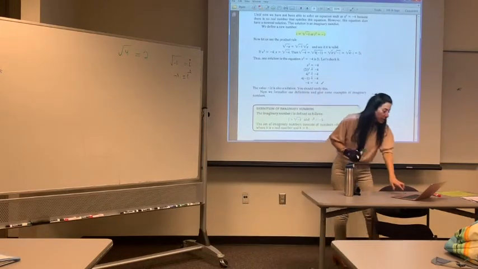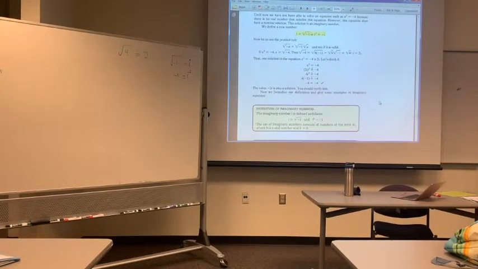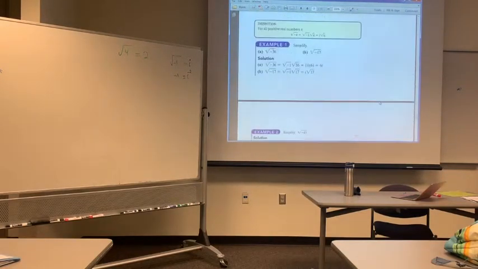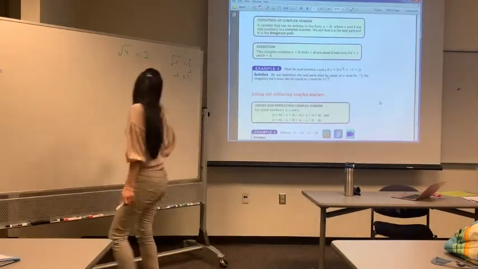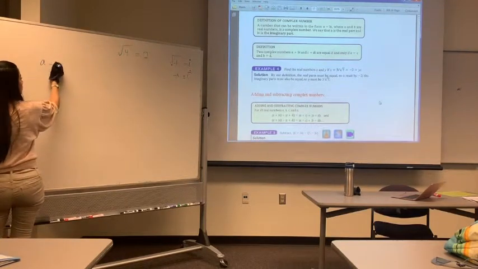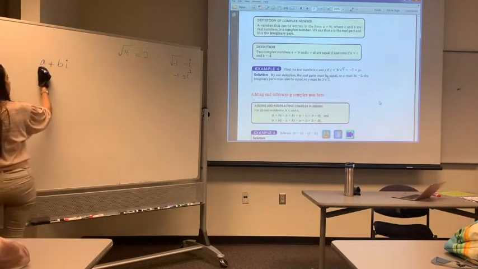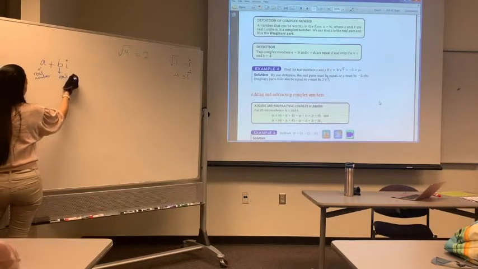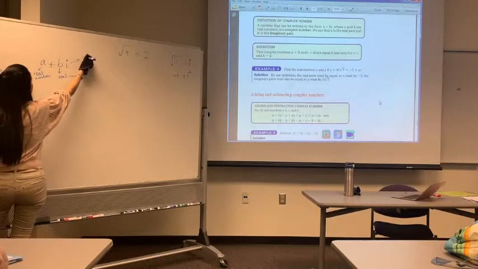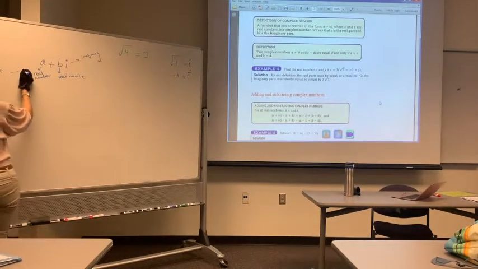Now if we have a combination of an imaginary number and a real number, like this form, a plus bi, where a is a real number and b is a real number, and as you know i is imaginary, we call this a complex number.